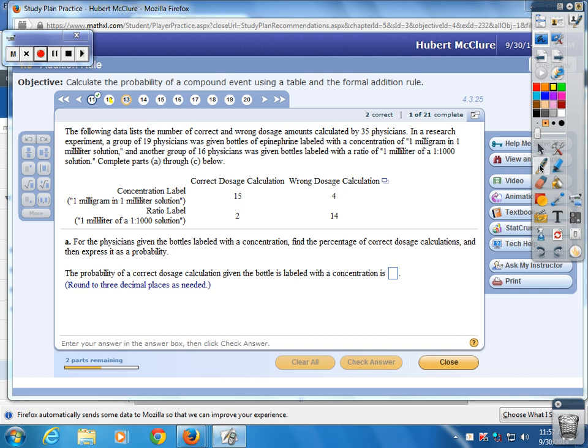This one says, find the percentage of the correct dosage, and then express it. Okay, find the correct dosage here. They're probably going to ask you other stuff on this one, I don't know. The correct dosage on this one is 17 out of what? 17 out of 37.